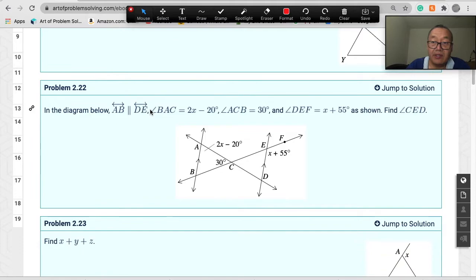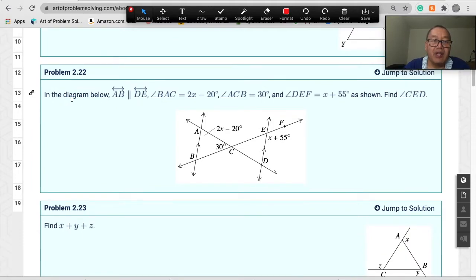Now let's see this example. It says in the diagram below, AB is parallel to DE. See, they add this arrow to represent these two lines being parallel to each other. The angle BAC, this angle, equals 2x minus 20.